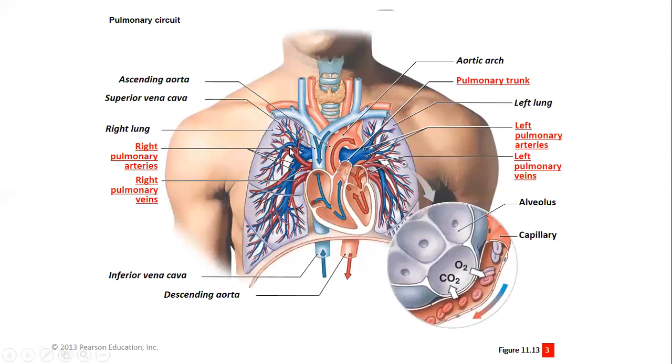And then pulmonary veins carry that blood back to the left atrium. Right here's pulmonary veins on the left side and pulmonary veins on the right side. And they carry oxygenated blood coming from the lungs back to the left atrium, to the left ventricle. This is left atrium, left ventricle, and out through the aorta to distribute oxygenated blood all over the body.